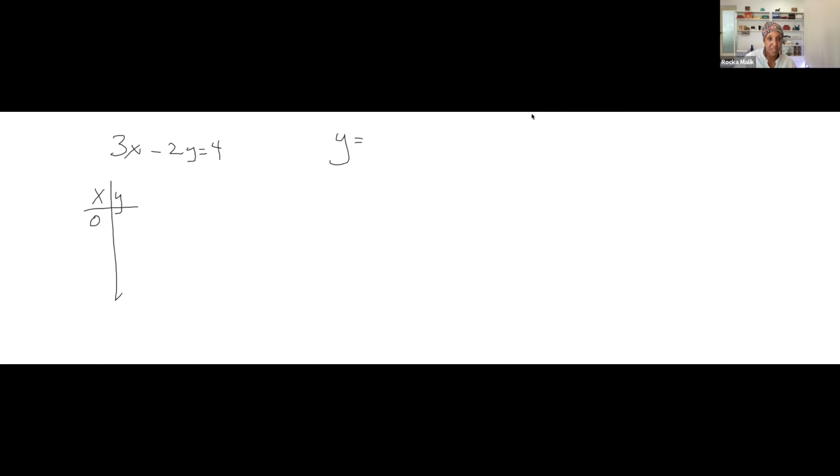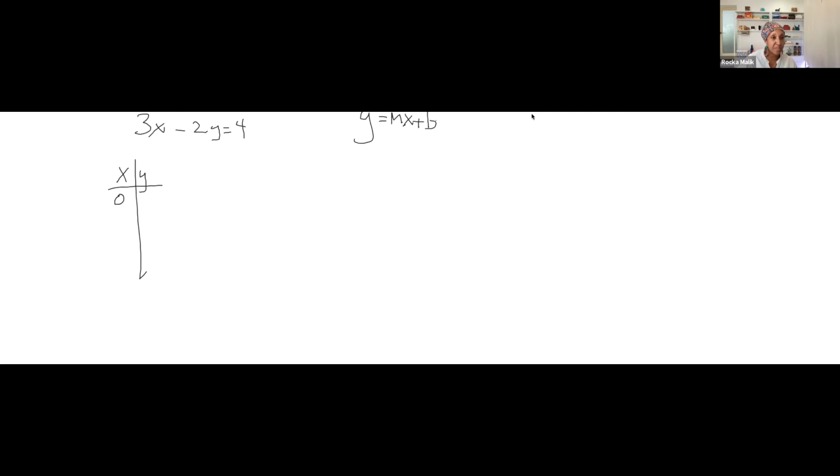When I write the equation like this, it's slope-intercept form because I can see my slope and see the b. Yes, Olivia, I'm going to give you another point, because it's called the y-intercept. So when my x is 0, that gives me the y-intercept.